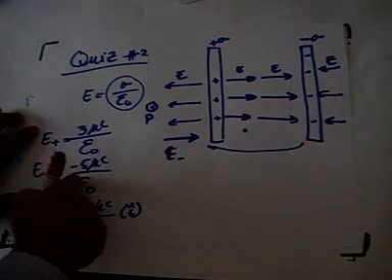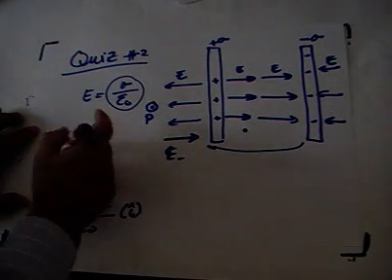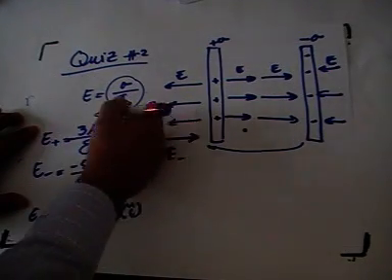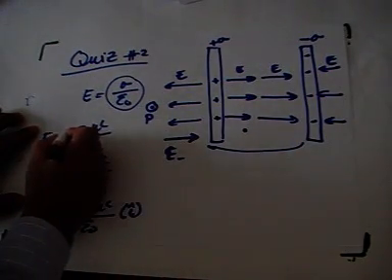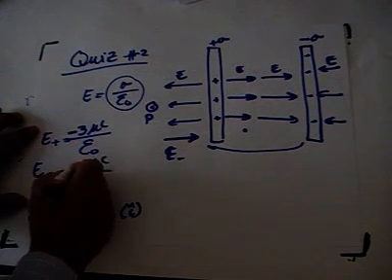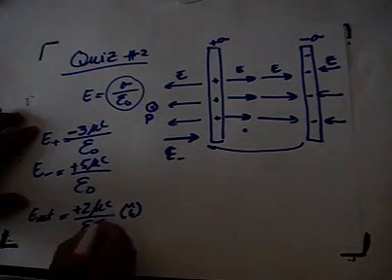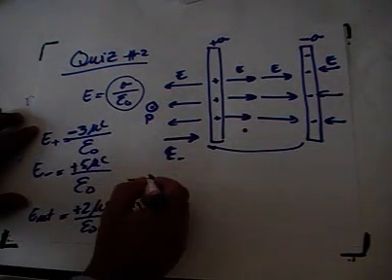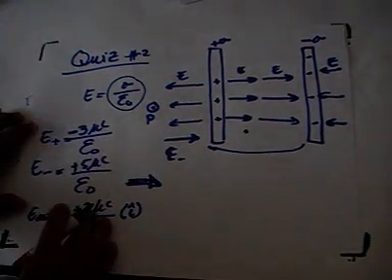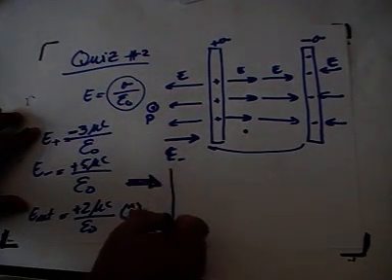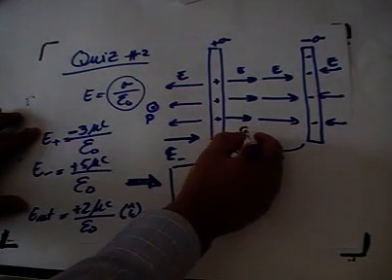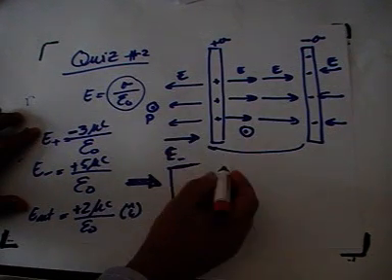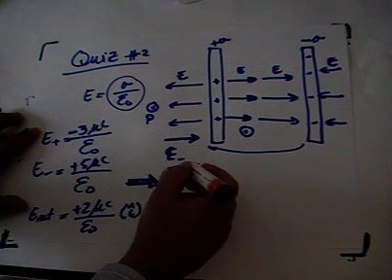here, one of them is directed one way. The positive one is directed in the negative direction, and the negative one is directed in the positive direction. So the direction of the electric field at this point is directed this way. Now, for the point to the right of the negative plate, both electric fields are directed along the i hat direction, so they add.